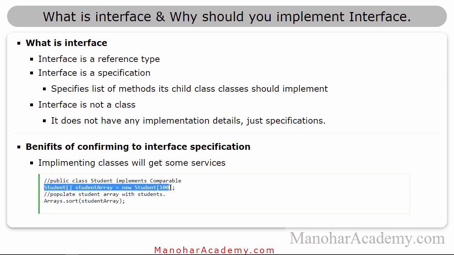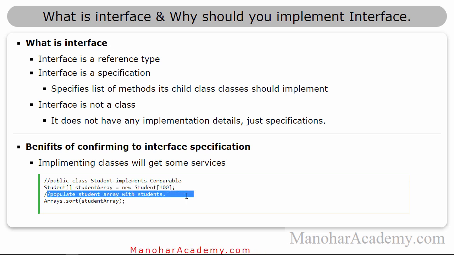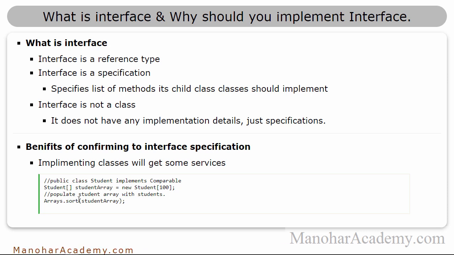Now let's say we have an array of students, we are populating those students, and then we can call the Arrays.sort service, which is the service provided by the Arrays utility class, for any Comparable objects. Because Student is now Comparable, because it is implementing the Comparable interface, the array can be sorted.